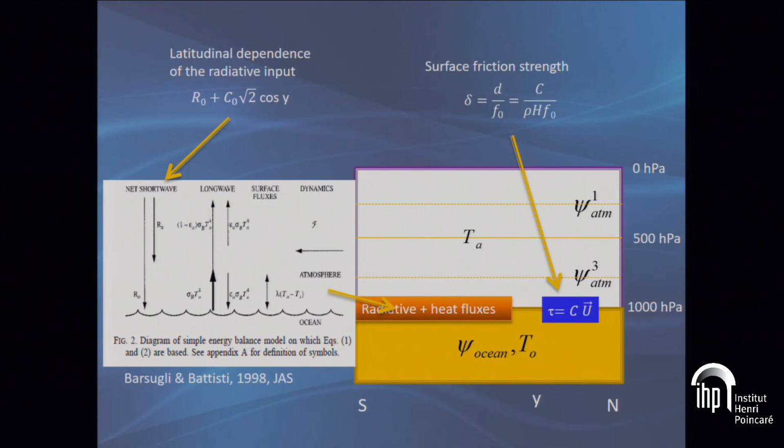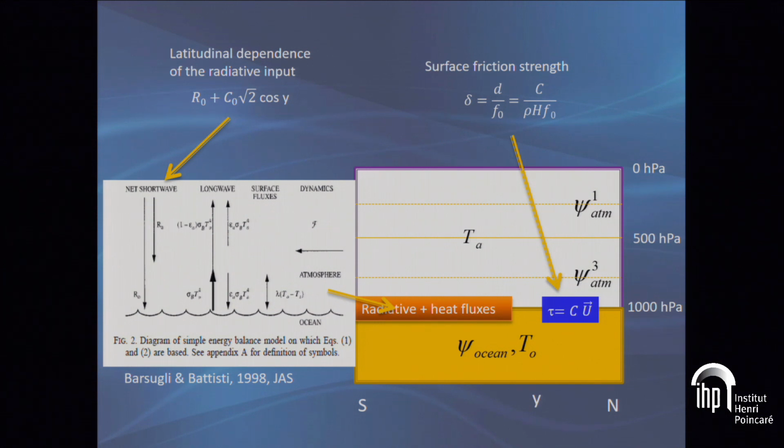We also have heat fluxes between the two subcomponents of the model. What is really important is the radiative input, which is made of a constant value plus something which depends on latitude. So you put the system in a non-equilibrium situation, and this induces the dynamics. This is proportional to the cosine of latitude, and C0 is an important parameter in our problem, as you will see later.